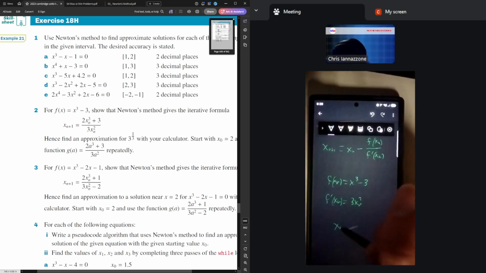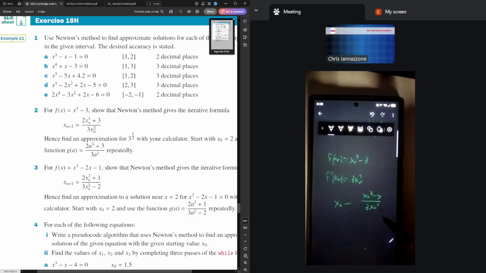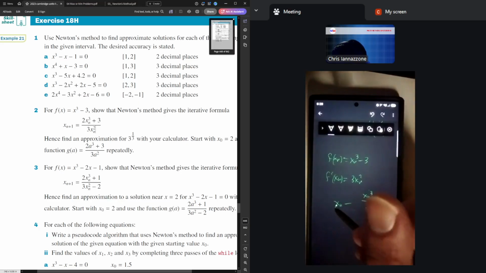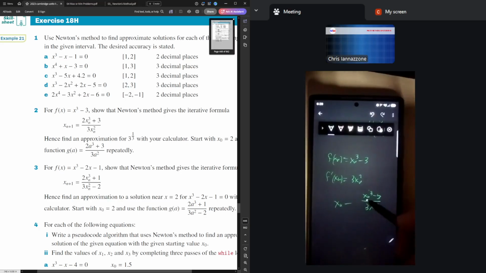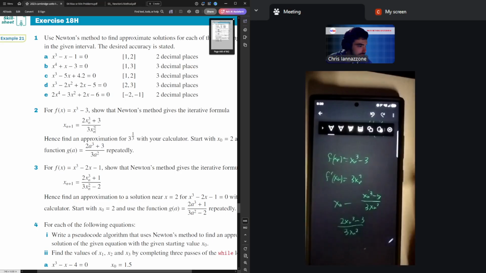From there, you have x_n minus, no, I didn't put it in there either, x_n cubed minus 3 over 3x_n squared, and then all you're doing is bringing that into the same denominator, so multiplying it by 3x_n squared, making this 3x_n cubed. 3x_n cubed minus x_n cubed is now 2x_n cubed, minus 3 over 3x_n squared, which I hope I got right, which I did. Awesome. Never mind, there's a plus.